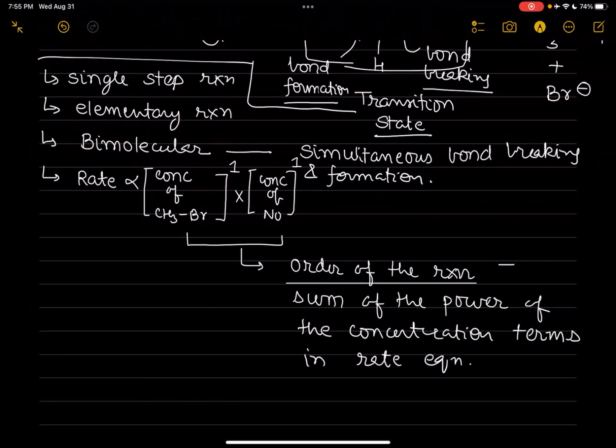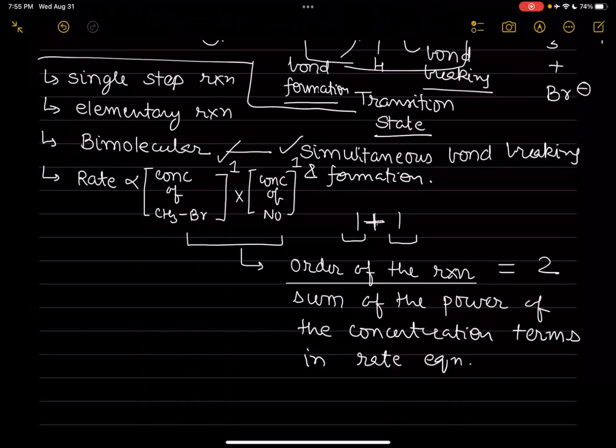So this is second order. Okay, how come second order? 1 plus 1, because there is one concentration term for the substrate or the alkyl halide. There is one concentration term for the nucleophile multiplied together. Okay, so the total power of the concentration is 2. One for substrate, one for nucleophile. So the overall order is 2.